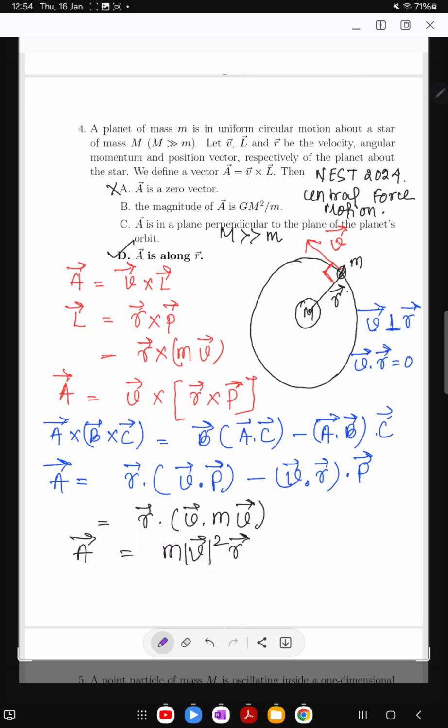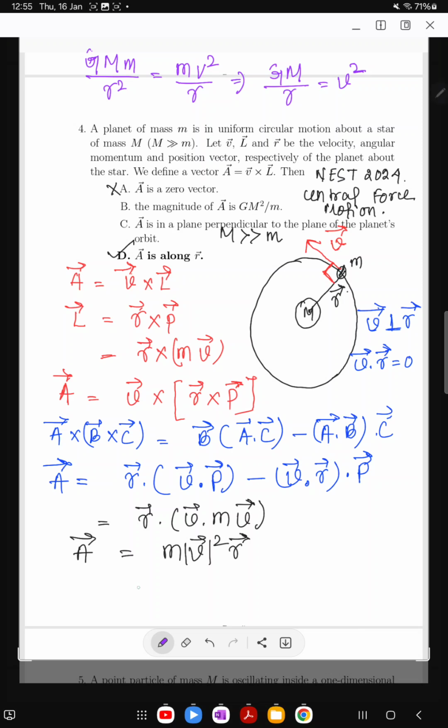Under circular motion, the necessary centripetal force is balanced by the gravitational force. So the gravitational force G capital M small m by r square is equal to the necessary centripetal force, that is m v square by r. So this condition gives G M by r equal to v square, so the magnitude of v square is G M by r.